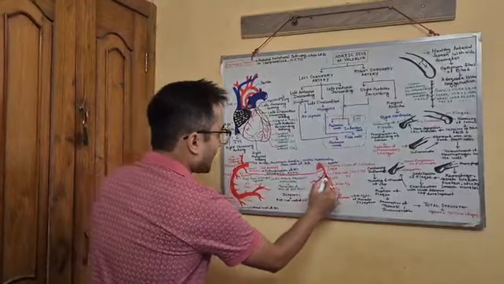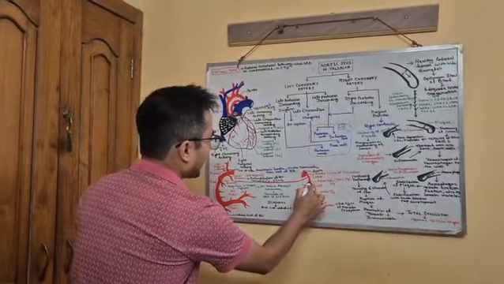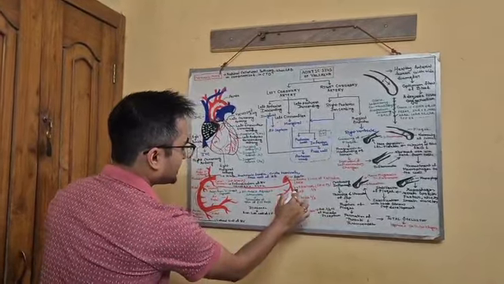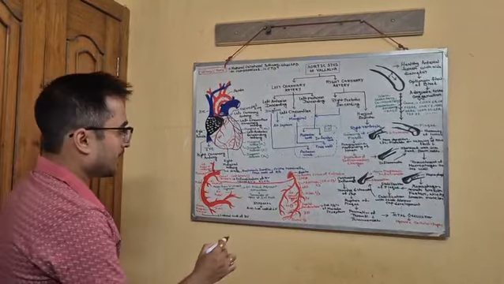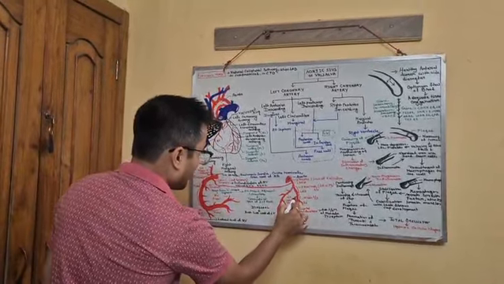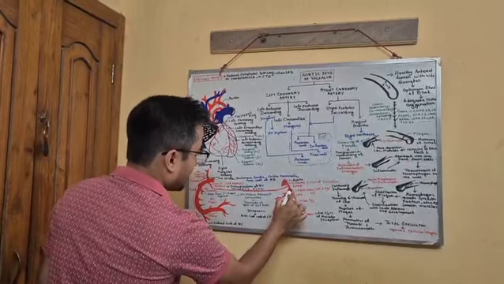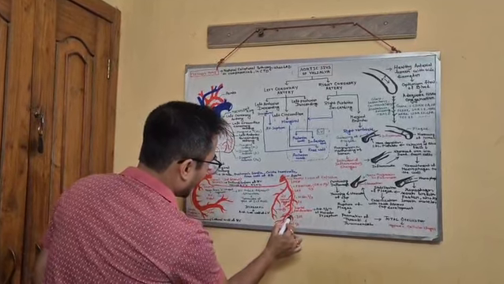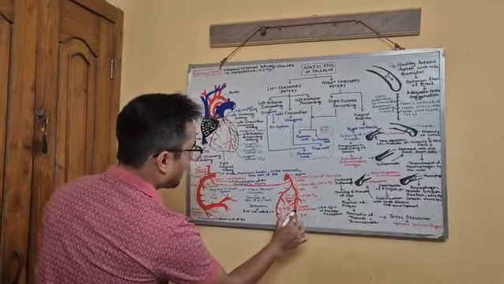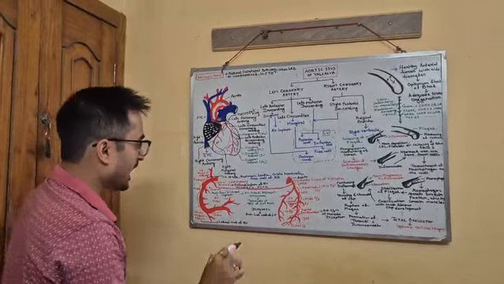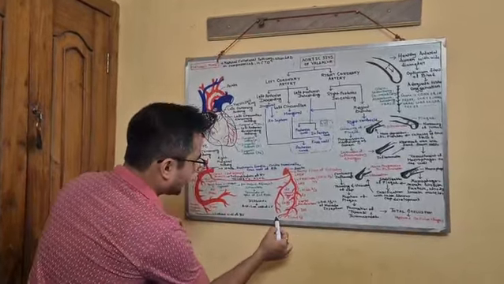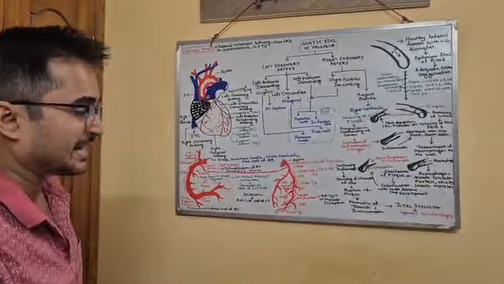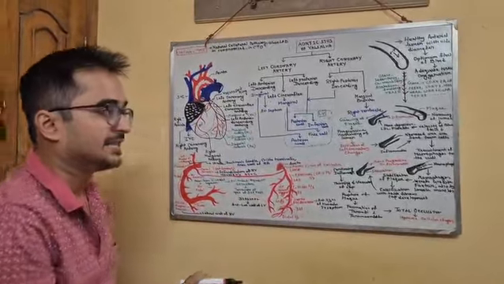distal. From the origin of the left anterior descending coronary artery to the first diagonal branch, this is our proximal part. From the first perforator to the terminal perforators, this is our middle part, the middle third, and the part till the end of our left anterior descending coronary artery is our distal third.